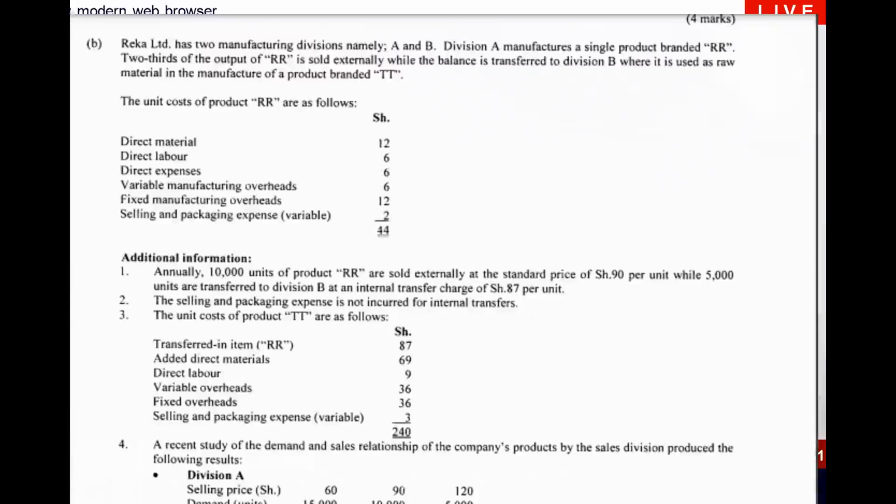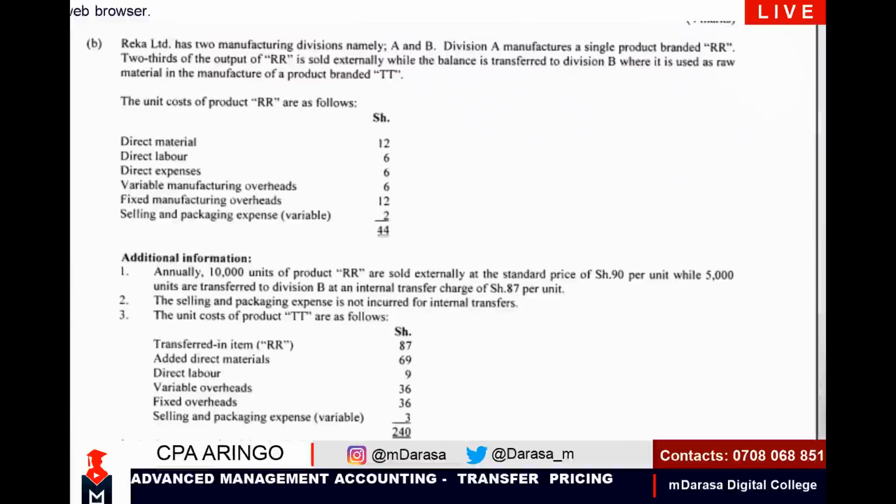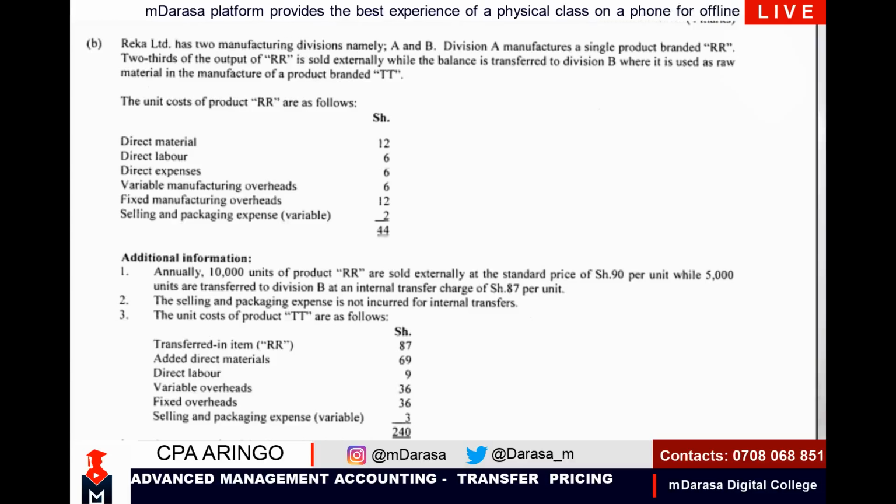May 17, question number 5, part B. So we are talking of May 2017, question number 5, part B. So let's go through that question. I've shared the question on our screen.